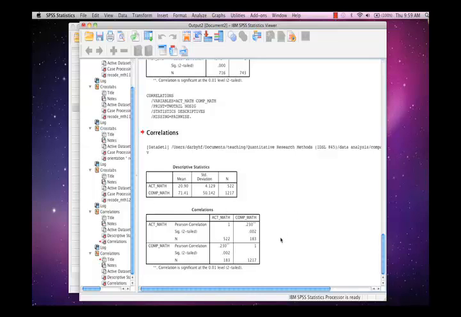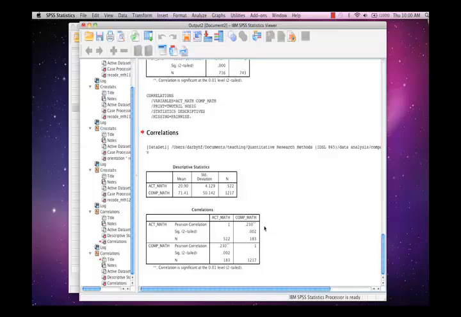But if we take a look at correlation, are they correlated? That's what we can look at when we want to look at the relationship between the two. And indeed, if you look at the Pearson correlation, and this is just a matrix, you can see across the top the two variables and down the rows the two variables. So these two cells are the same and these two cells.